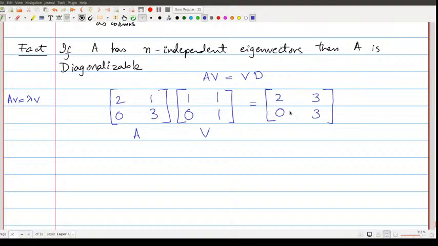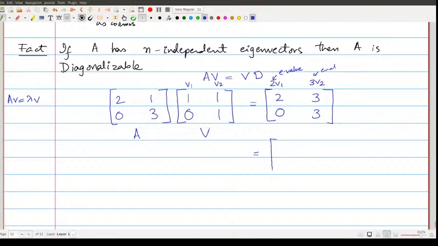So notice that if this was V1 and this was V2, this is just 2 times V1 and 3 times V2, right? Because these were eigenvectors, that was supposed to happen. This was the eigenvalue, and this was the second eigenvalue.